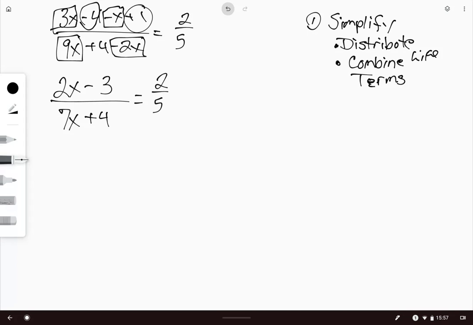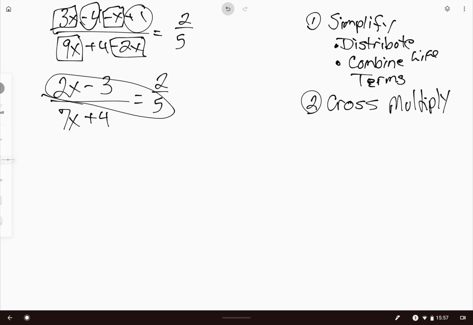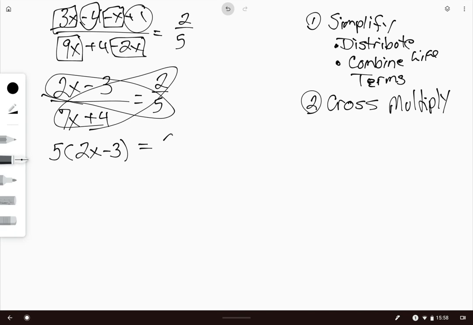Okay, so the first thing that I do is simplify. Then I'm going to cross multiply, just like I taught you on Friday. I'm going to do 5 times 2x minus 3 equals 2 times 7x plus 4.